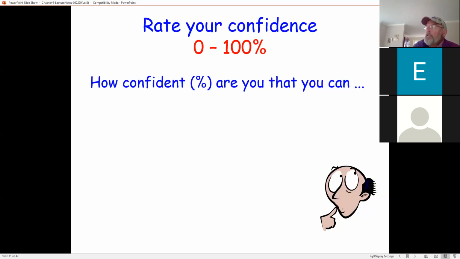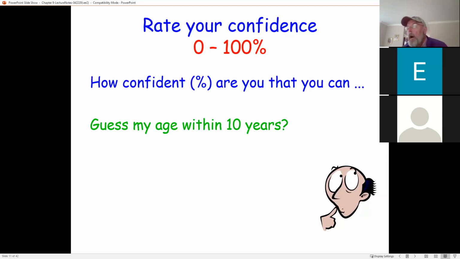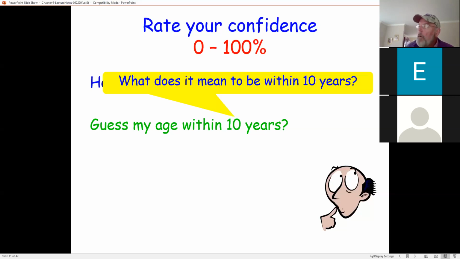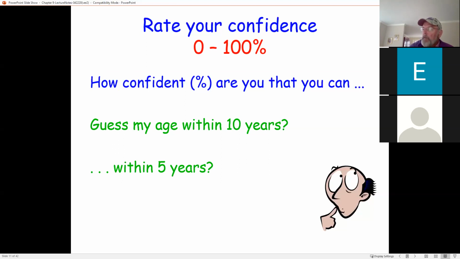Okay, so this is a little cartoon here that goes through that sort of idea. So if we had an interval that was 10 years in between, will we have a precise interval? What does this mean within 10 years? Well, that's a long time. How about 5 years?